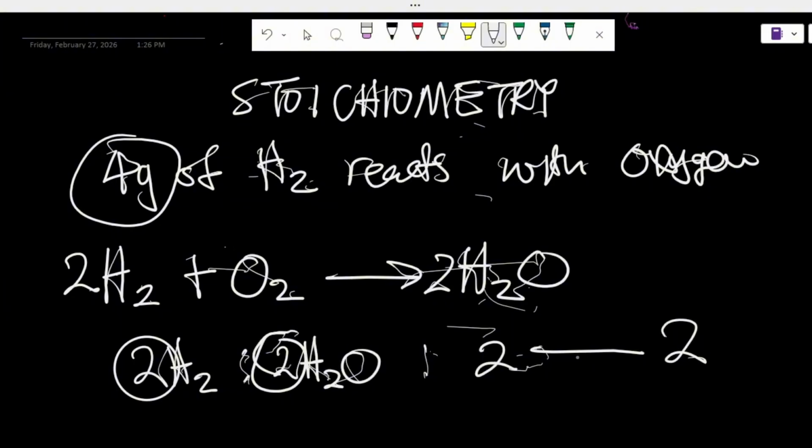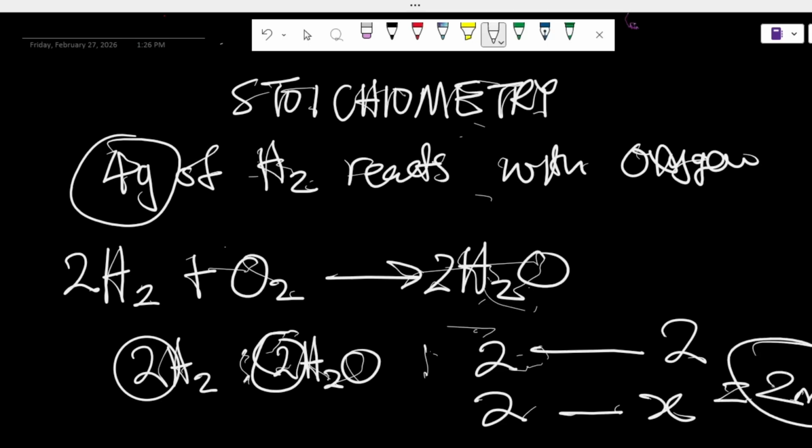And then we have 2 actual moles which we calculated for hydrogen. How many moles are we going to get for water? So this is going to be 2x is equal to 4, and then x is equal to 4 over 2, which is 2. So again, we're just going to get 2 moles of water. So this is how we find the mole ratio.